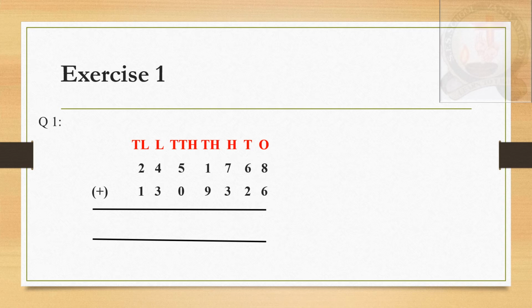Ones digit, what is the number? 8 and 6. 8 plus 6 is 14. Children, just understand this question, then you can do it yourself. 8 plus 6 is how much here? 14. Now in the 14, there is 1 ten and 4 ones, so you should write the 4 in the ones place.